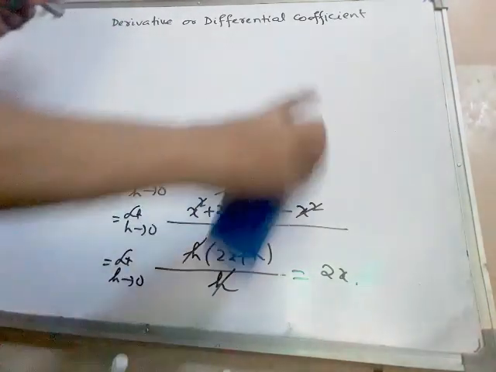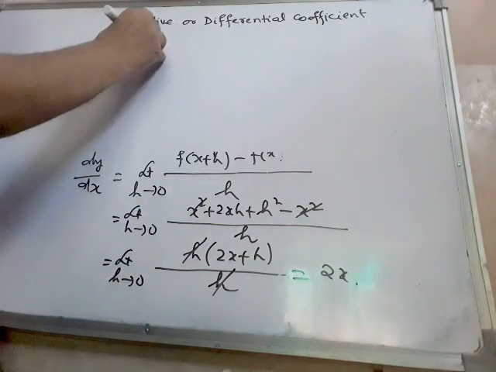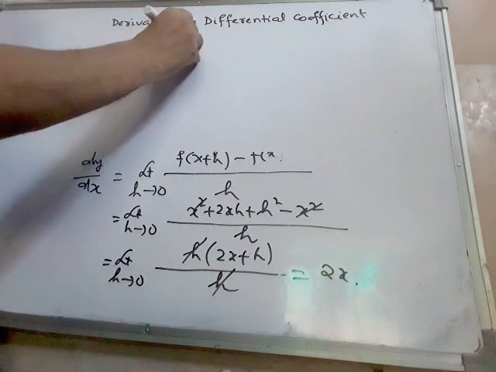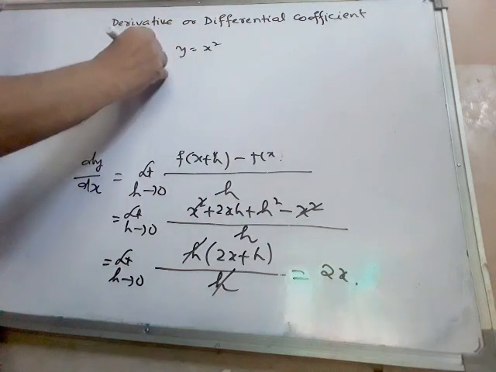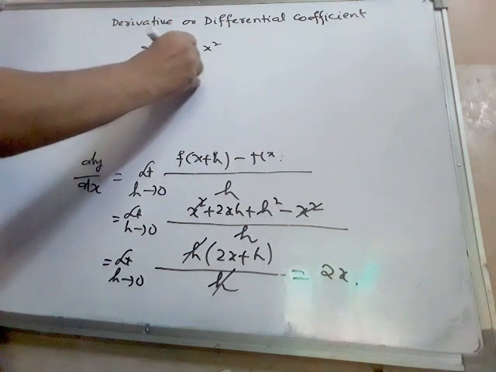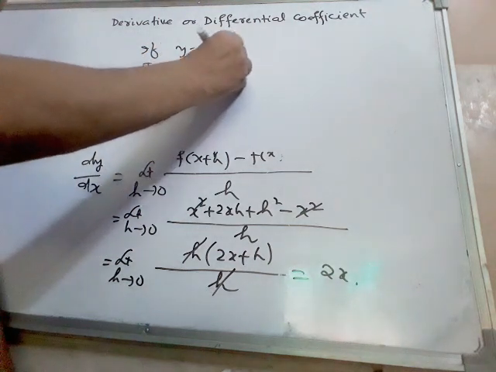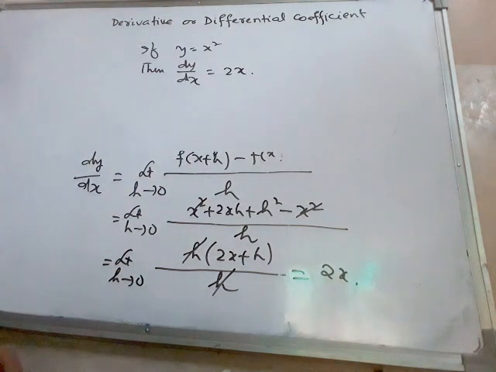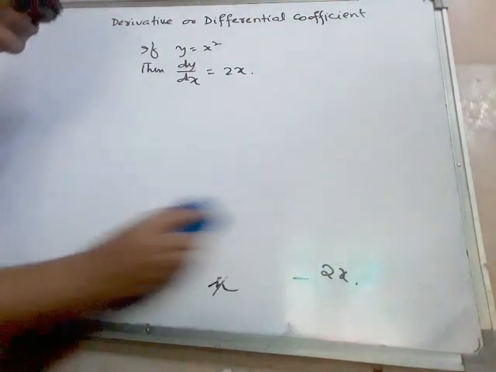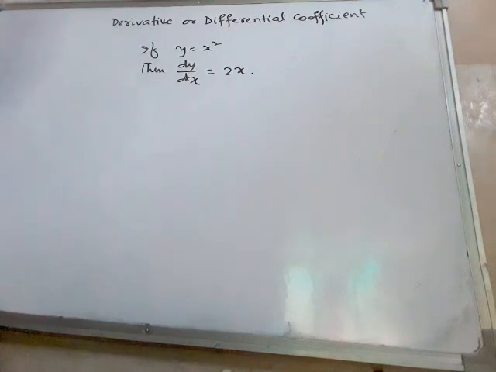That is, if y equal to x square, then dy by dx equal to 2x. This is the result we get from first principle. Similarly, if we apply first principle to all other functions, we can get so many formulas.